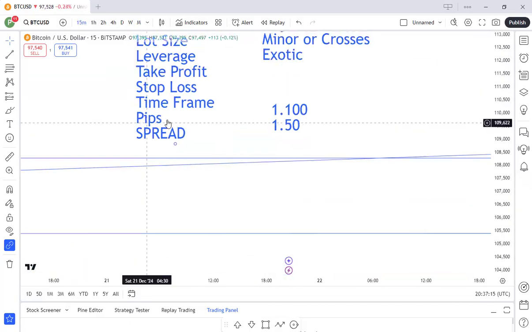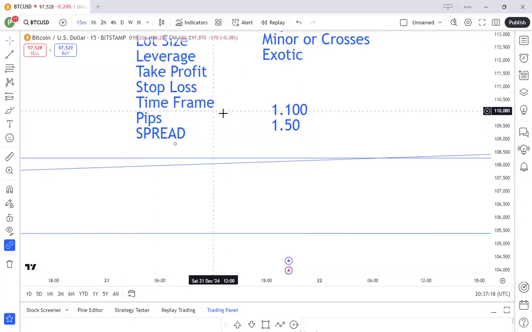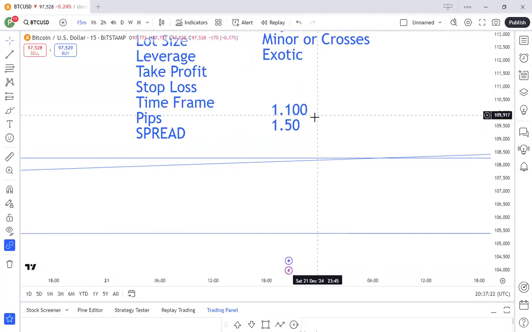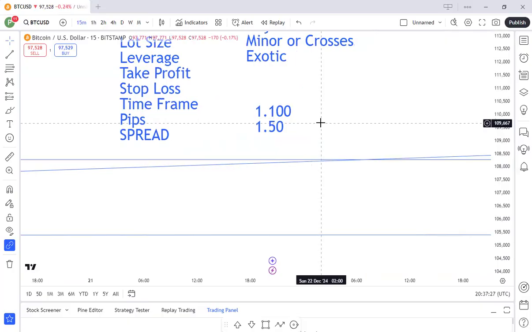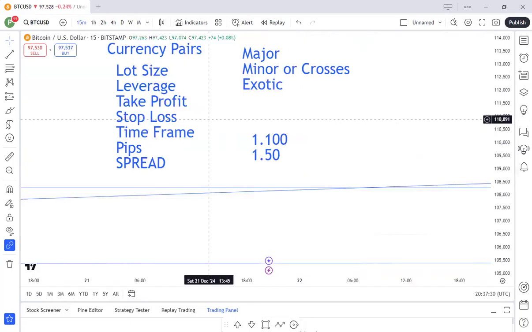And we have pips. A pip is the fourth decimal point of a currency pair. Let's say we have Euro USD.